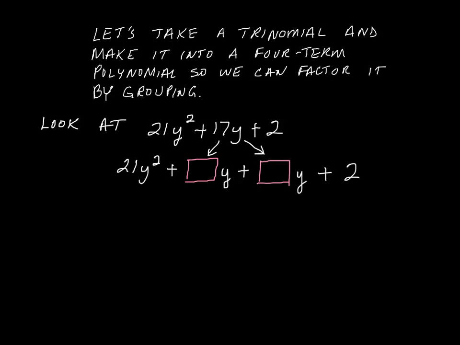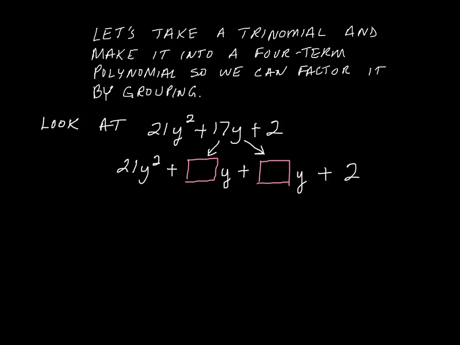We can make a 3-term polynomial into a 4-term polynomial by separating the middle term into 2 parts. So watch what I have here. Look at 21y squared plus 17y plus 2. Now, if we could separate 17y into 2 different terms, that would help us to factor this.